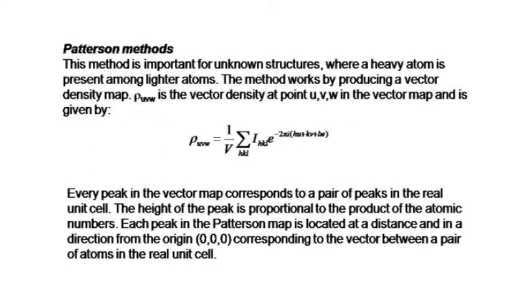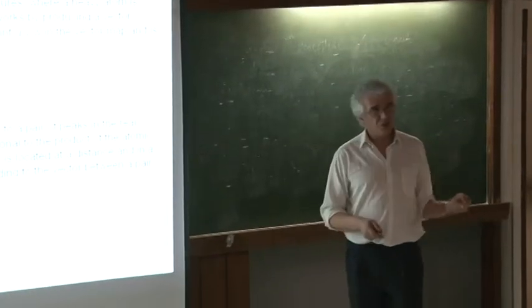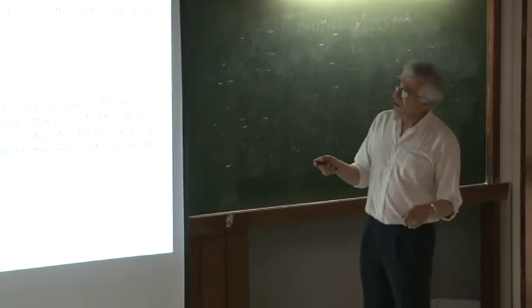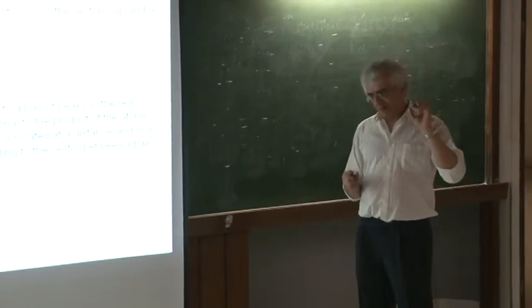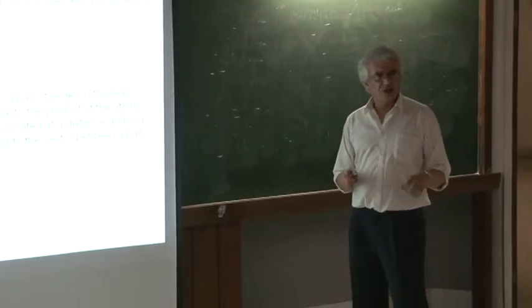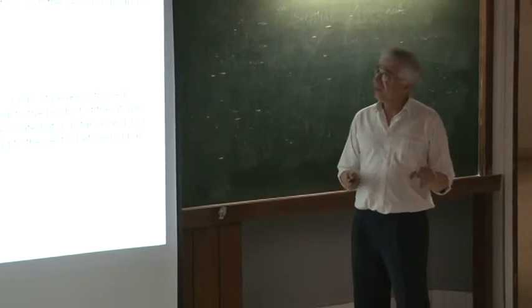Organometallics or metal organics, where there's one heavy atom in the structure and the rest of the molecule is all carbon, hydrogen, oxygen, or nitrogen. Sulfur already starts to present a problem. It's bigger. Sulfur, phosphorus, you start to get more problematic. You may have to use other methods. But this method is very good for quite a lot of structures. And it's quick and easy.